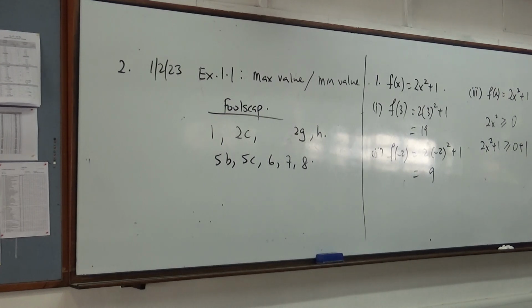Alright, I'm using inequalities here. Now, 2x squared plus 1 must be bigger than or equal to 1, right? Now, don't you agree that 2x squared plus 1 is my f(x)? So they ask you all possible real values of f(x). That means from here, f(x) must be bigger than or equal to 1. Okay?